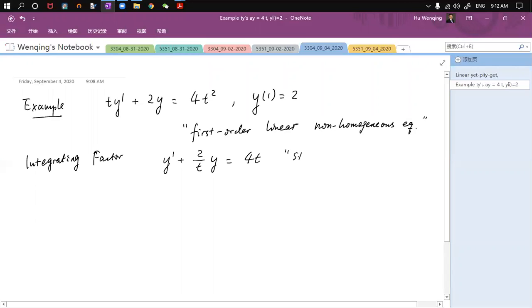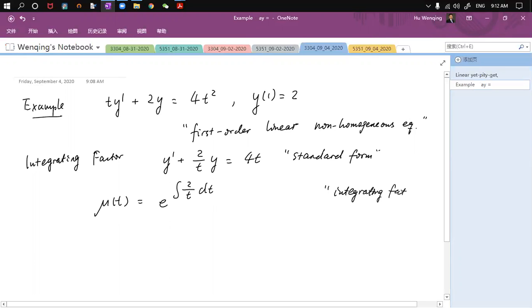This is what we call the standard form. As long as the equation is in standard form, you can calculate mu of t is equal to e to the power of the integral of 2 over t dt. This is what we call the integrating factor.